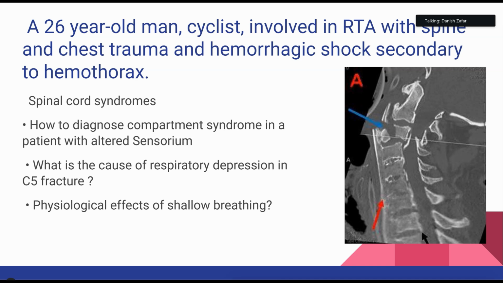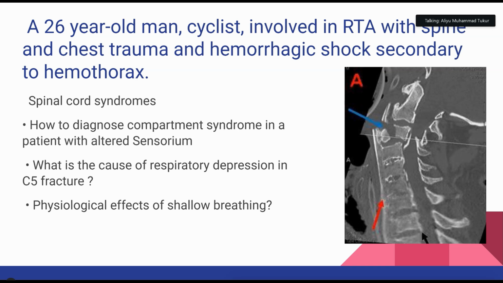Okay. So what will be the cause of respiratory depression if the same patient has a C5 vertebra fracture? Respiratory depression could be from the chest trauma, because of the pneumothorax that the patient has.